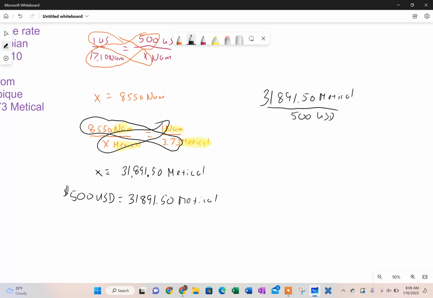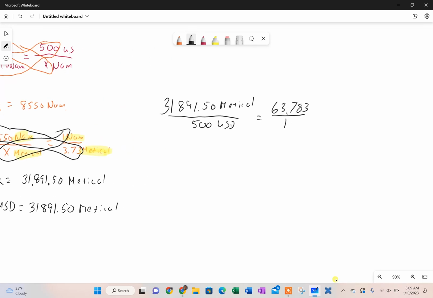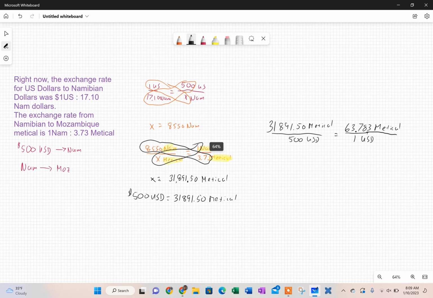When I divide by 500, I get 63.783 over 1. So this number is Metical, and this is US dollars. That means it's 63.783 Metical for every 1 US dollar. That's what you can do with this.